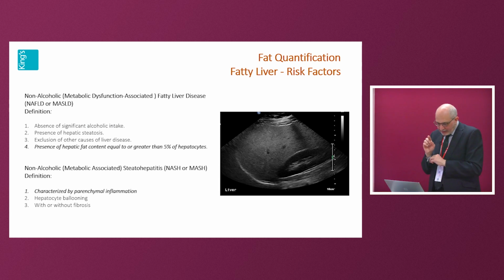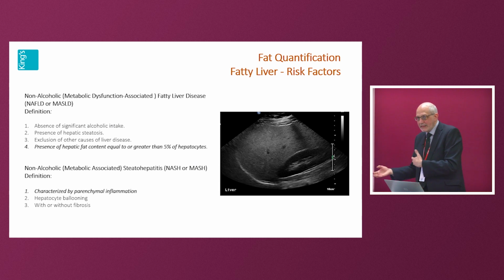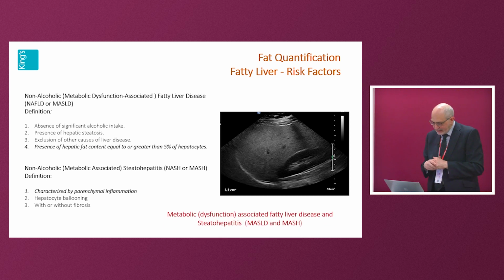If you've got metabolic associated steatohepatitis, this was NASH, it's now MASH. Okay? So NASH becomes MASH. This is characterized by inflammation, hepatocyte ballooning, and you may or may not develop fibrosis. So this is necro-inflammatory change associated with your fatty change, and this is the start of the pathway onto chronic liver disease with your fatty livers.